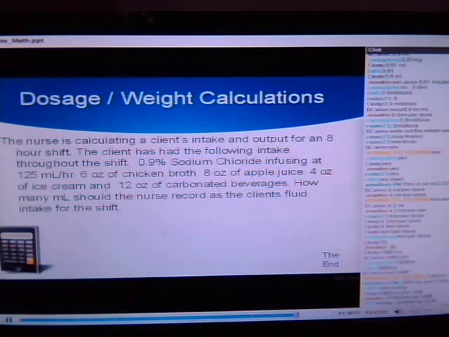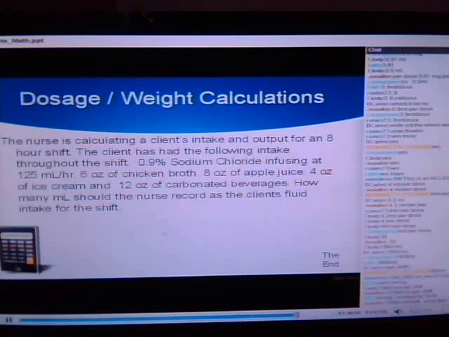All right, so there's 30 cc's in an ounce, Faith. So we have to take 6 ounces, 6 ounces times 30, all right? Add that up, okay? Then we have to take the 8 ounces times 30. Add that up, all right?